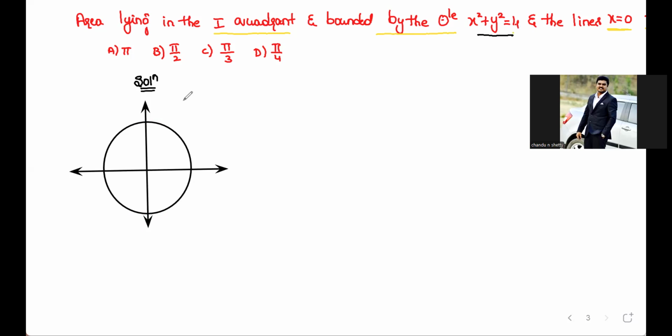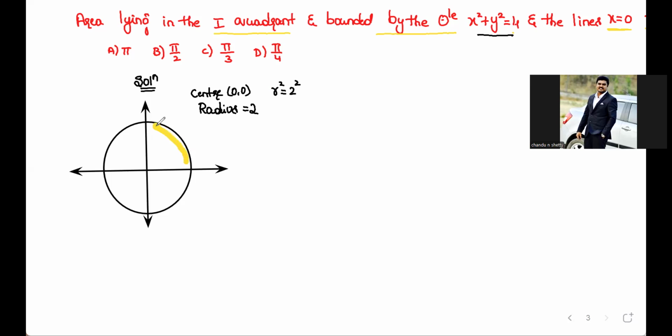The center is 0 comma 0, and radius will come out 2, because r square equals 4, we can write it as 2 square, so r equal to 2. In the question they mentioned the first quadrant, so we are taking now only the first quadrant.